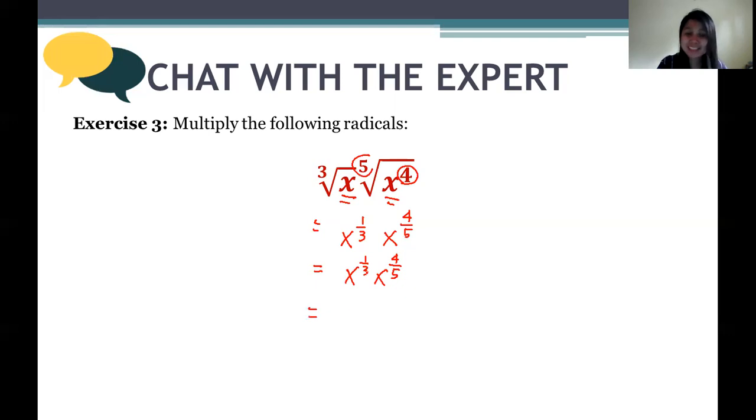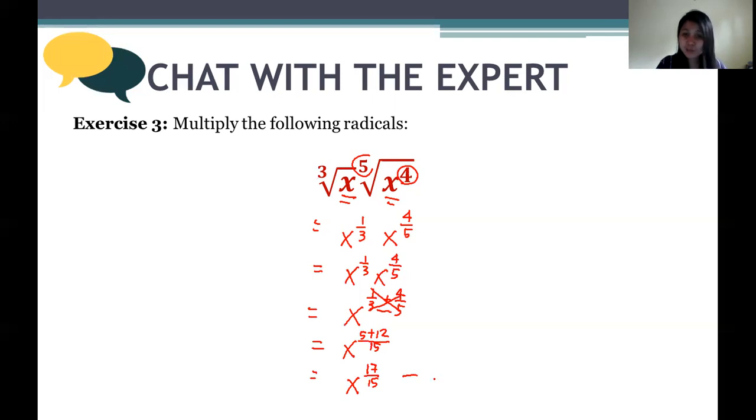Then let's add the exponents. 1/3 plus 4/5. 5 times 1 is 5. 3 times 4 is 12. Over 3 times 5 is 15. So our answer is x to the power of 17 over 15.